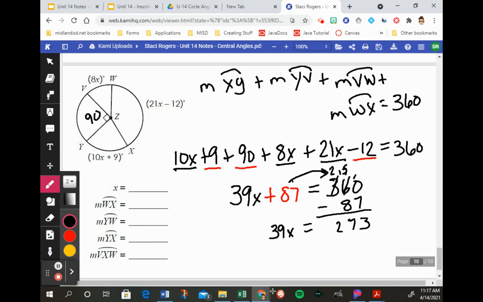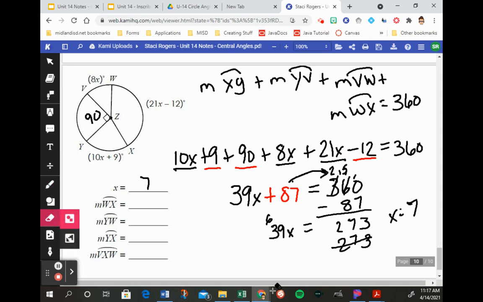We can always use a calculator. 7 times 9 is 63, 7 times 3 is 21 plus 6 is 27. Yeah. So x equal 7. That's without doing it with a calculator. If you're doing it with a calculator, you're just checking my answers. Okay, so I'm going to erase some of this stuff.